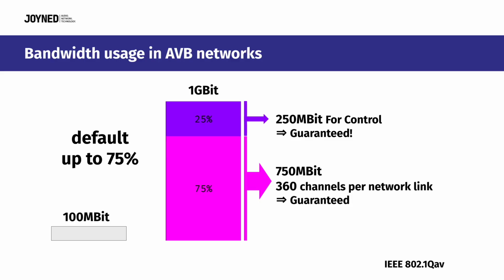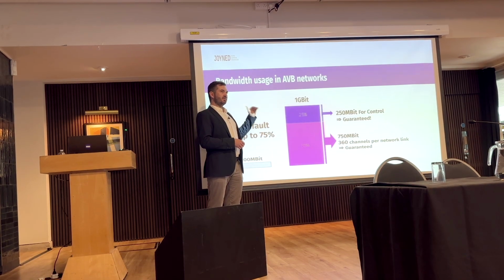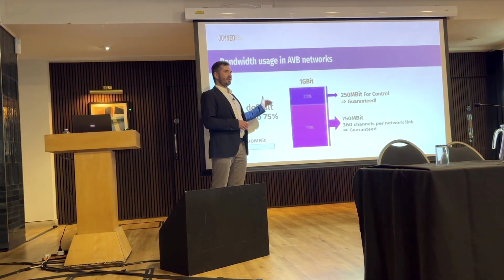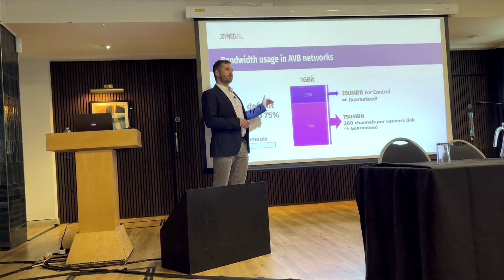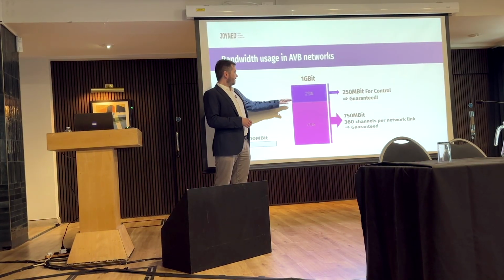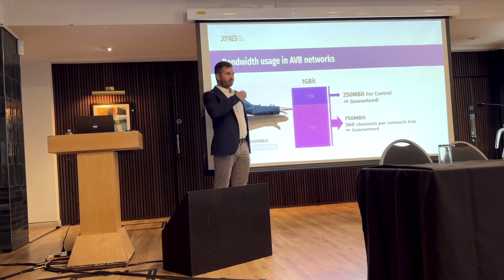Now, another way to look at this is this 75% thing. You can see this more as a limit. If you have connected already 360 channels and you use this 75% for AVB, and now you would try to add another stream, the switches would say no. They are not allowed to reserve more bandwidth than these 75%.